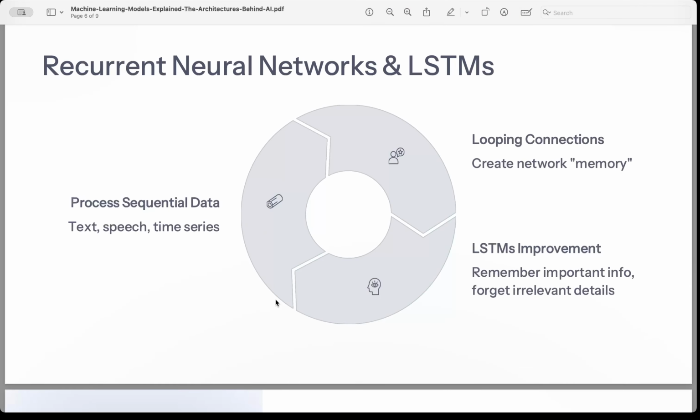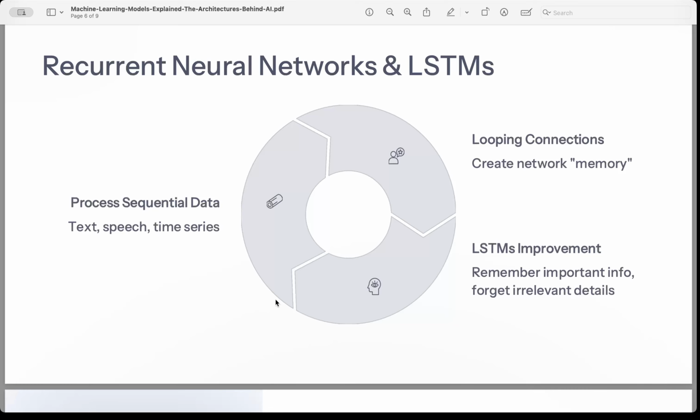Now, moving on to recurrent neural networks, or RNNs, and LSTMs. RNNs were developed to handle sequential data, things like speech, time series, and text. Now, unlike regular neural networks, they have connections that loop back, giving them a form of memory.